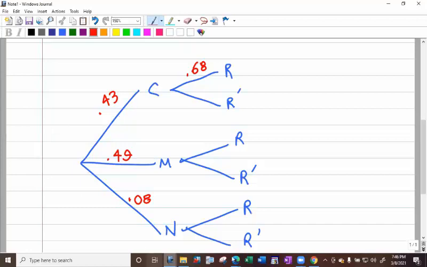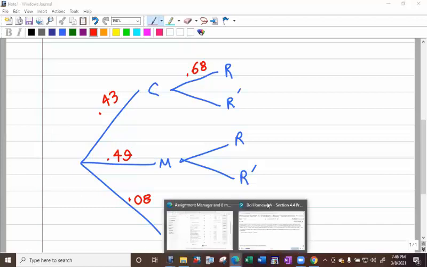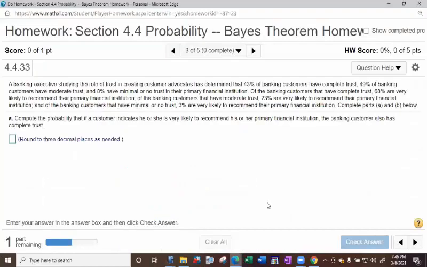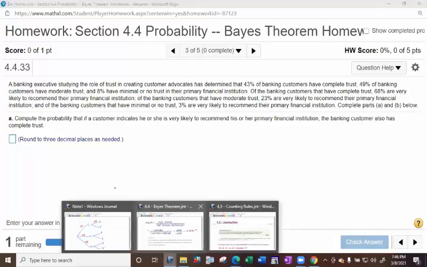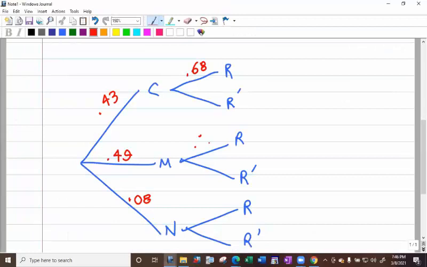Let me get 2 for 1 here in this next one. Moderate trust, 23% will recommend. And for no trust, 3%. So next one will be 23 and 3. Now, I don't know if we need the not recommends or not, but I'm going to go ahead and just put those numbers in there.